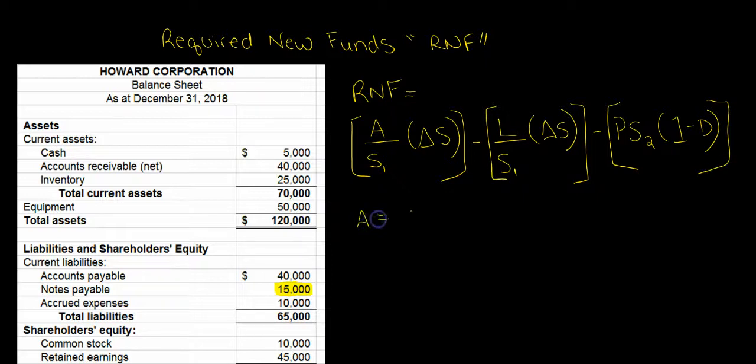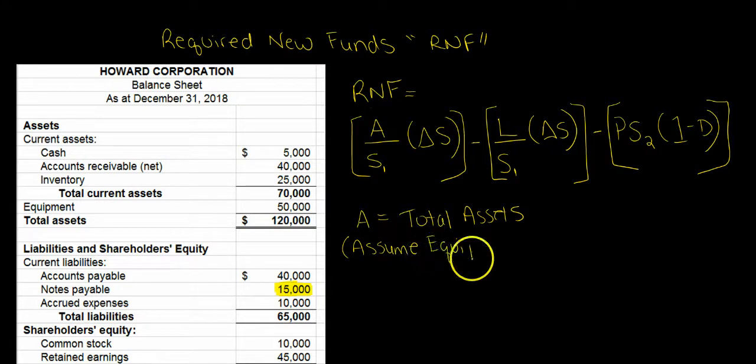So A will equal your total assets. So in this case, I'm going to assume that my equipment, so the 50,000, I'll just put a star right there. So I'm assuming that the equipment is going up and down with sales in this question.